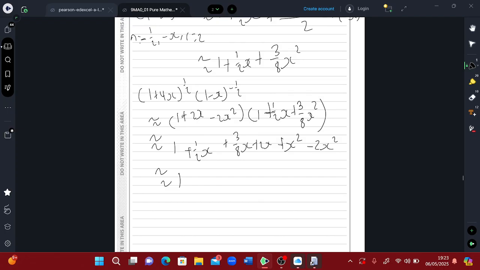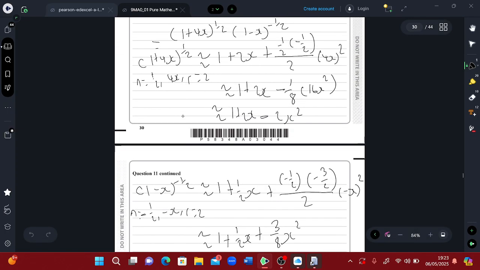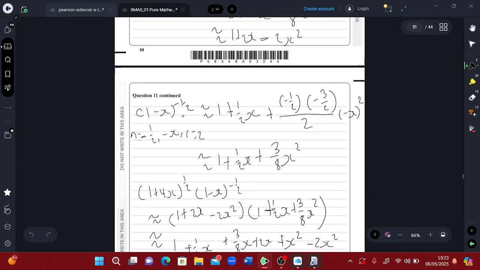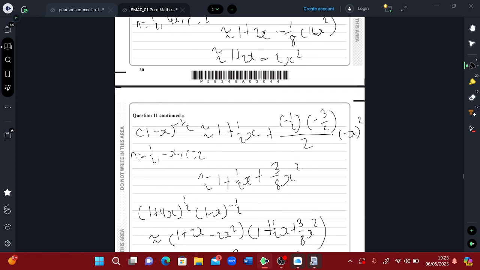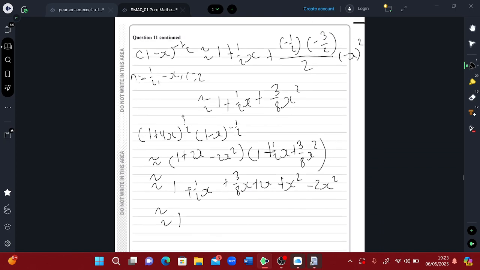So have we substituted it right? 1 plus 2x minus 2x squared, yeah. And 1 plus a half x plus 3 over 8x squared. So 1 times 1 is 1. 1 plus a half x. 1 times a half x is half x. 3 over 8x squared. Ah, there it is. I just didn't write it down.